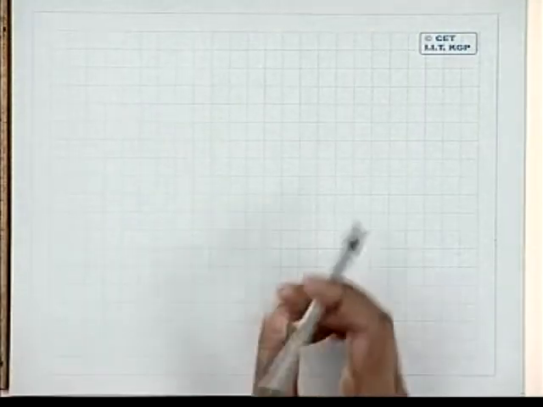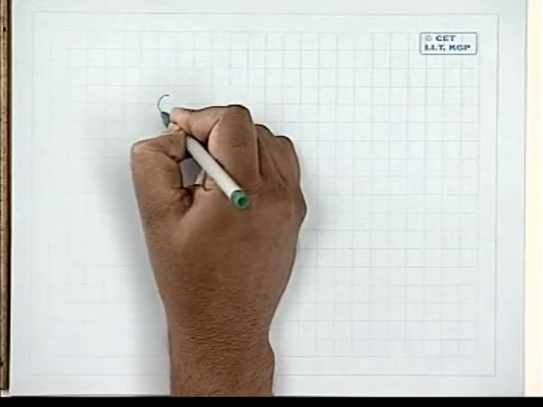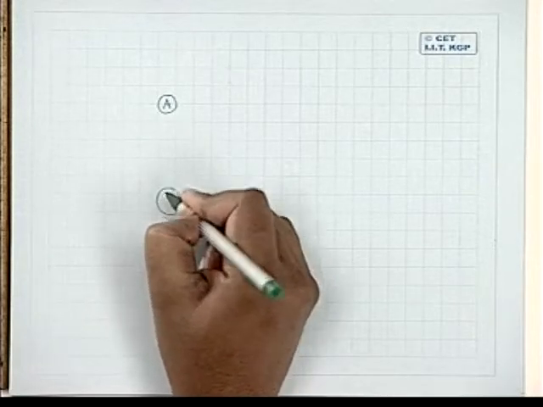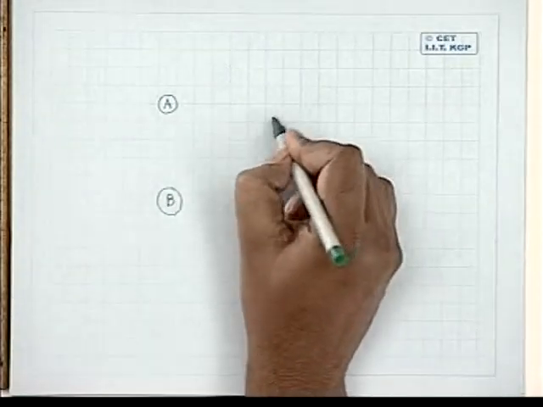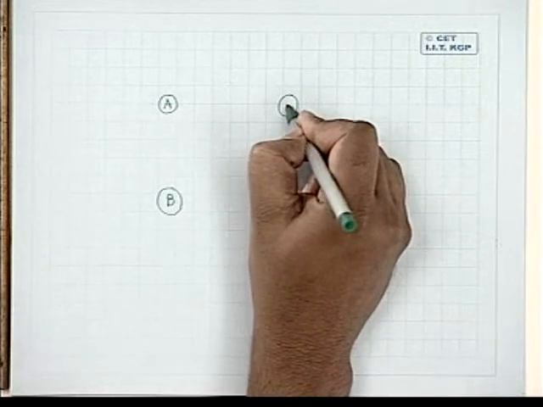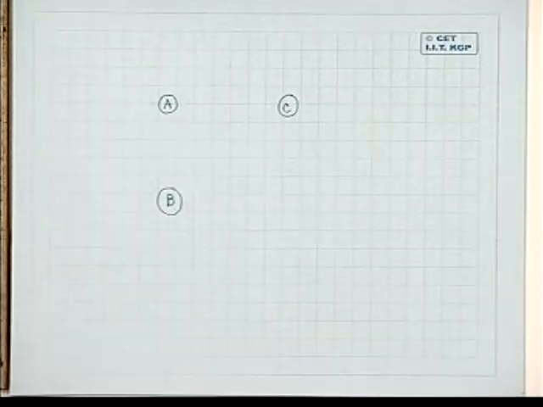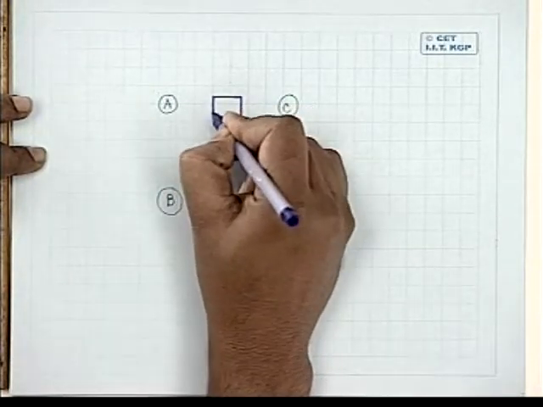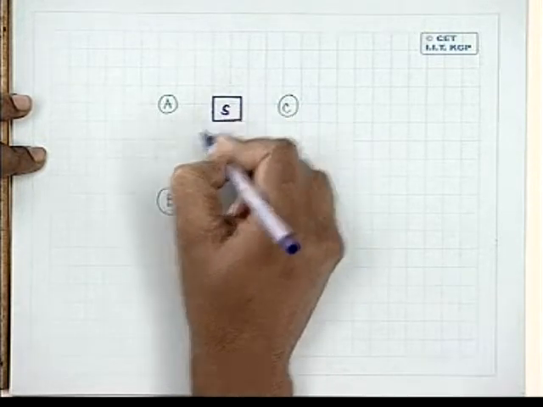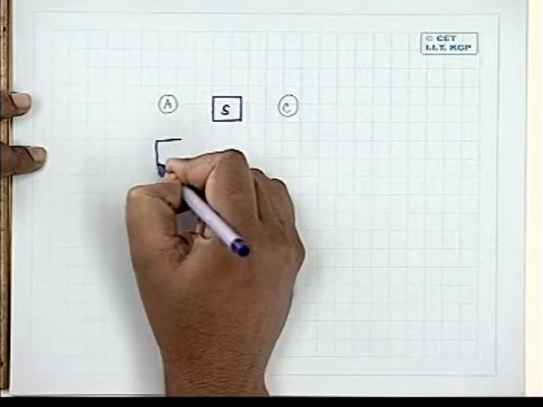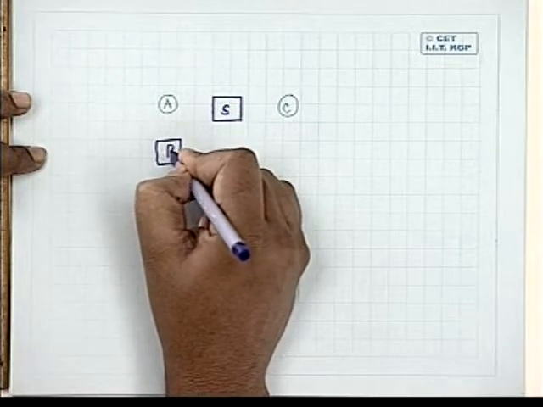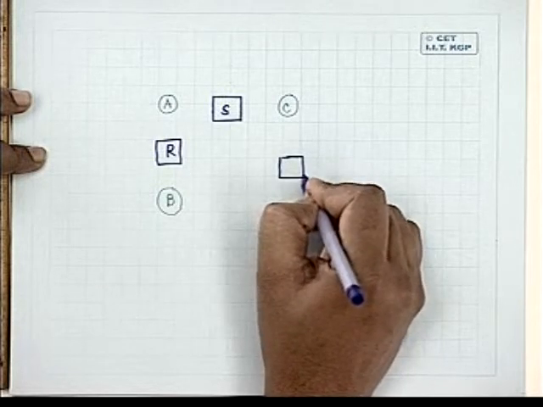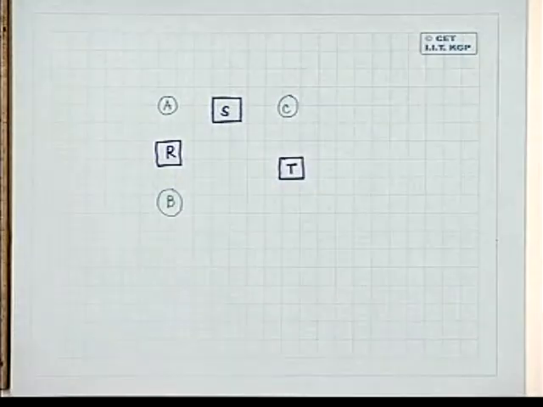We have process A, we have process B, and we have another process C. The resources are S, R, and T. Okay.